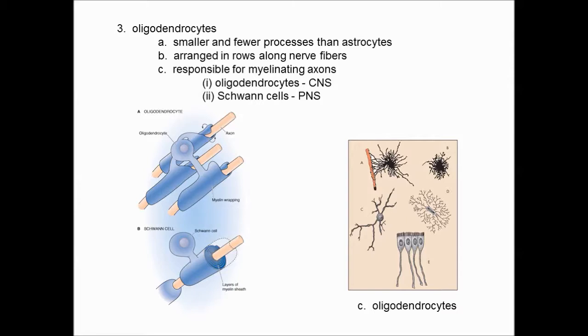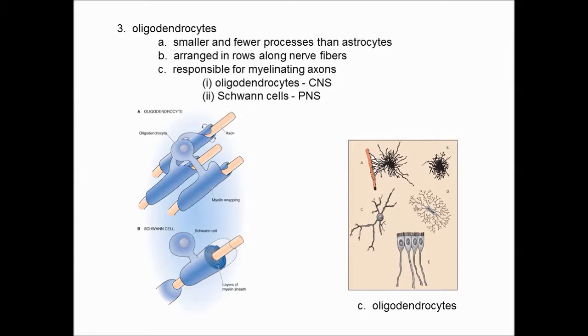I mentioned oligodendrocytes. So these are represented here by this C, there we go. So oligodendrocytes, not a very good figure, they send their processes out and wrap around several axons in the vicinity.